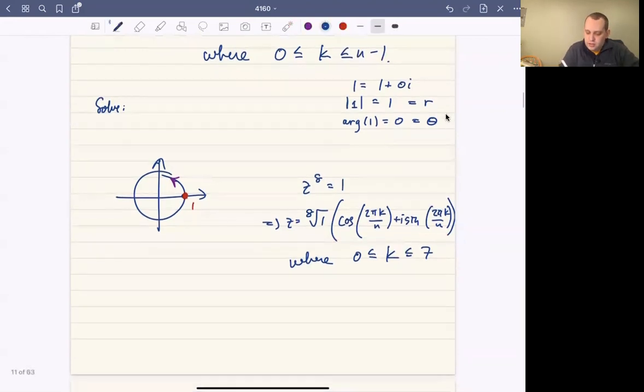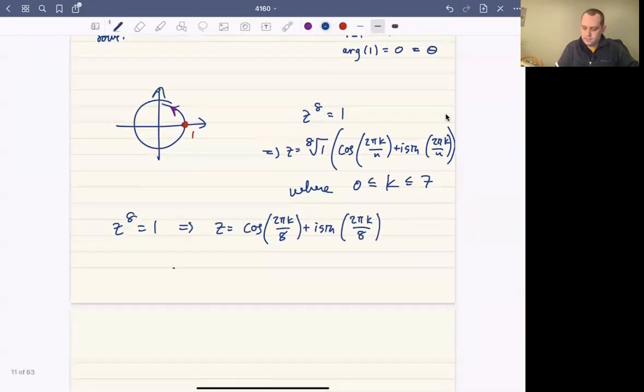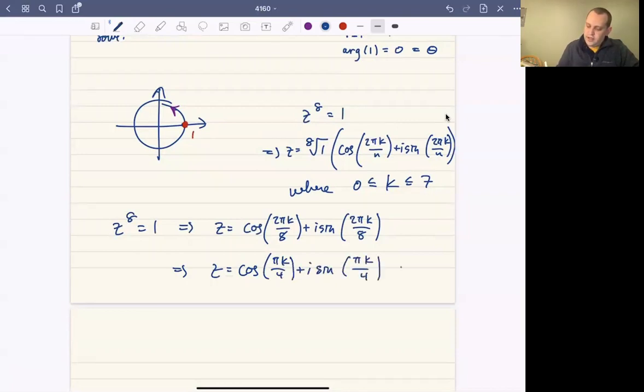Let me write this one more time. The eighth roots of unity, z to the 8 equals 1, are the values where z is cosine of 2 pi k over 8 plus i sine of 2 pi k over 8. And let's algebraically simplify that to cosine of pi k over 4 plus i sine of pi k over 4, where k is between 0 and 7.